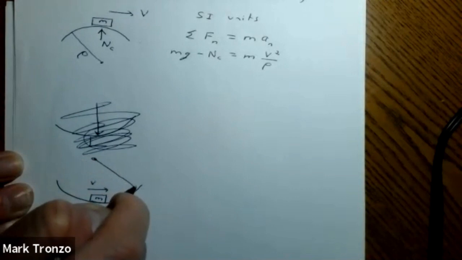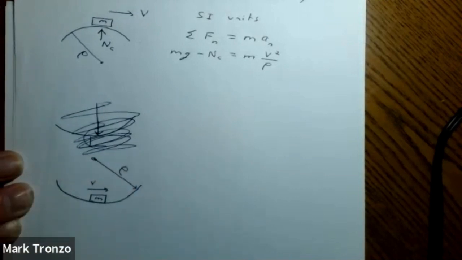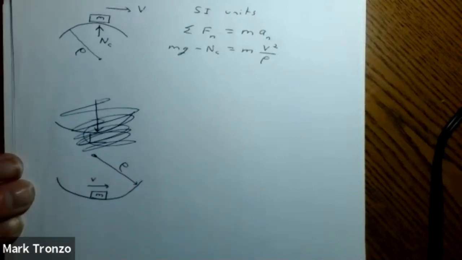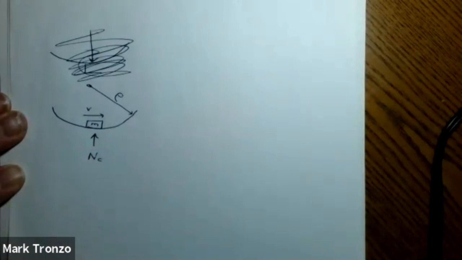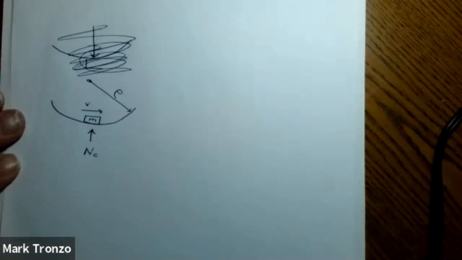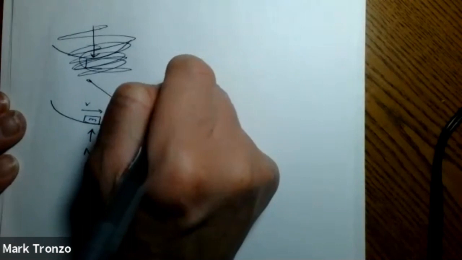And you have, like I said, the radius of curvature here. And so your normal force will be in this direction. Since that's going towards the center of rotation, it'll be put in positive when you put it into the equation.